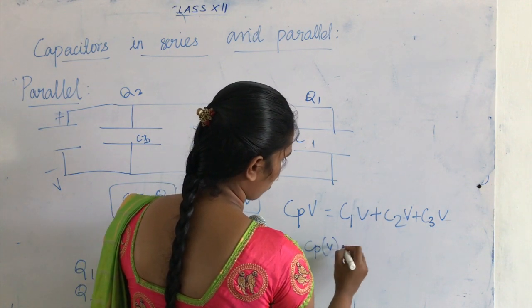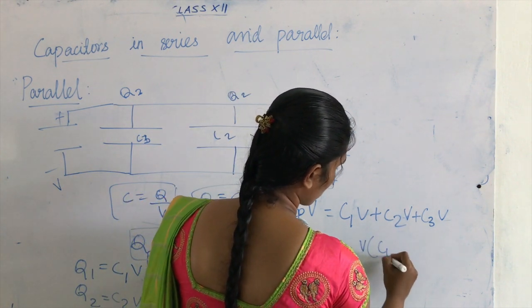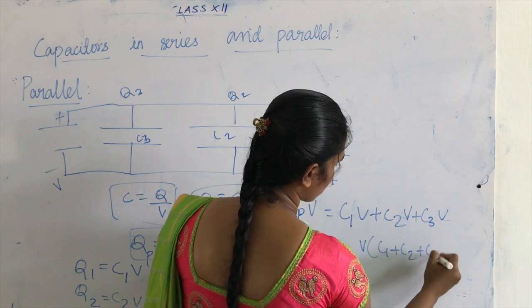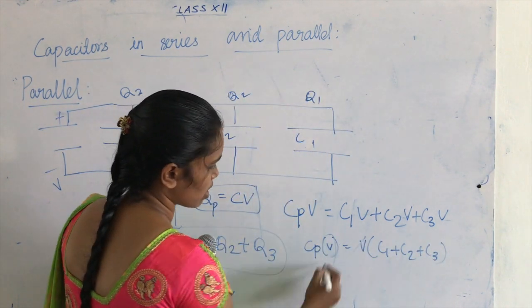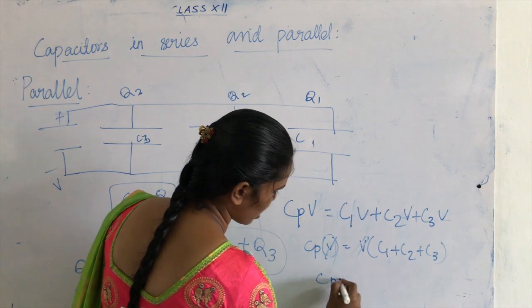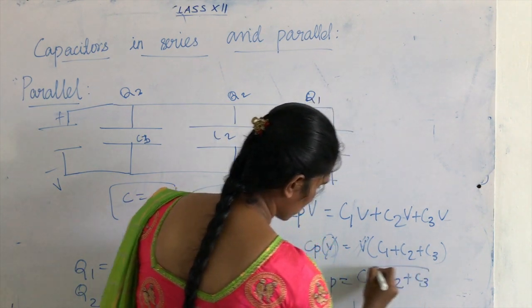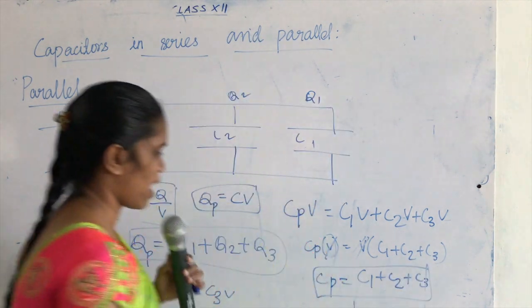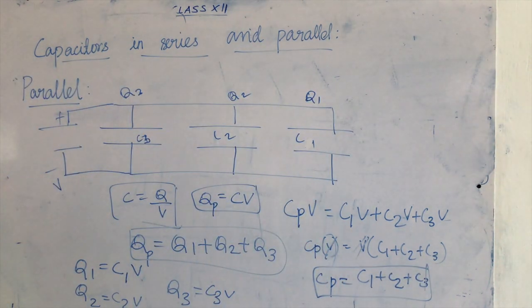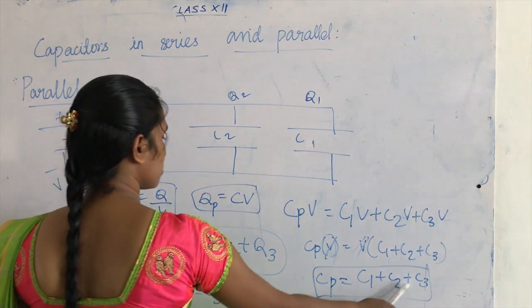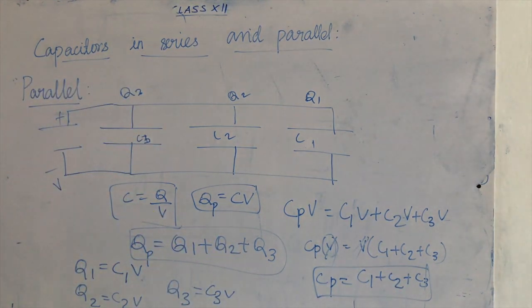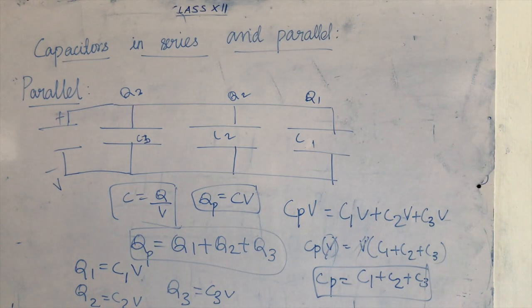V is common, C1 plus C2 plus C3. Now, this V gets cancelled. So, Cp equal to C1 plus C2 plus C3. This is the final answer. For connecting capacitors in parallel, we have to add C1 plus C2 plus C3. Okay? Do you understand, children?